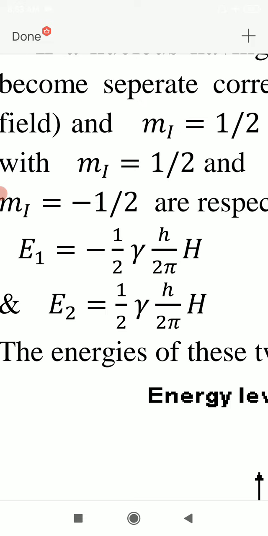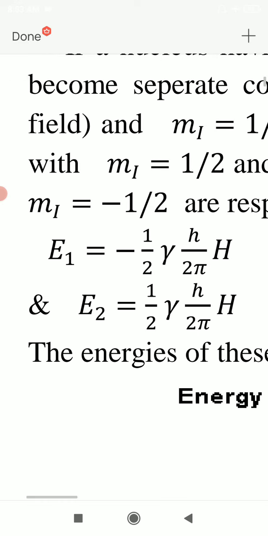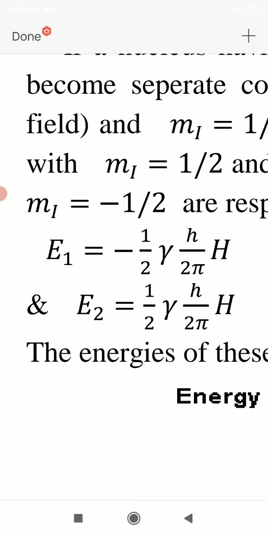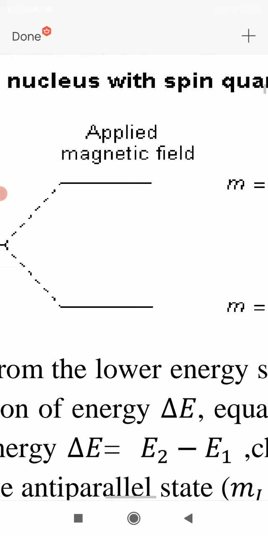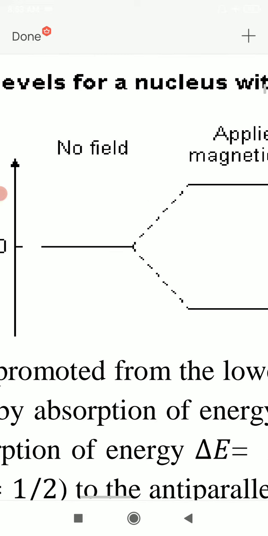This energy E2 is equal to half gamma h upon 2 pi into capital H. So energy is negative for Mi equal to plus half, and it is positive for Mi equal to minus half. So these are the two energy levels when magnetic field is applied. In the absence of magnetic field we have only one energy level.